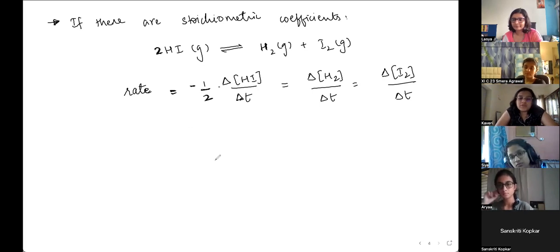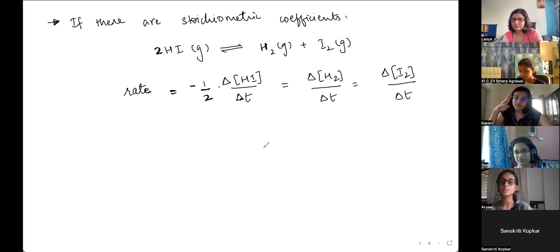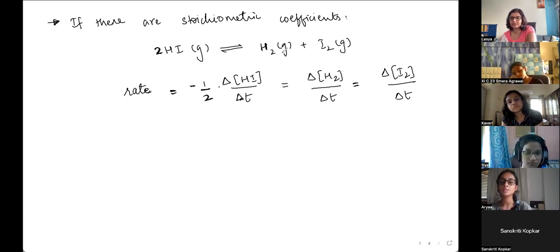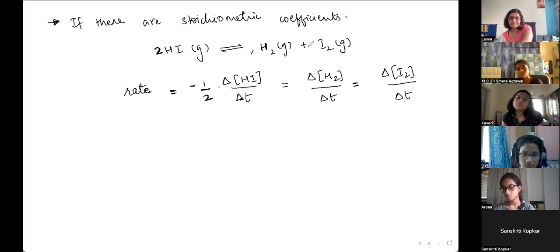I have a silly question, but since H2 and I2 are both part of the products, why don't we add them when we equate the rate of change of the reactants and the products? Because once the reaction happens, if you're measuring the rate of how quickly H2 is being formed, I2 also will automatically be formed.